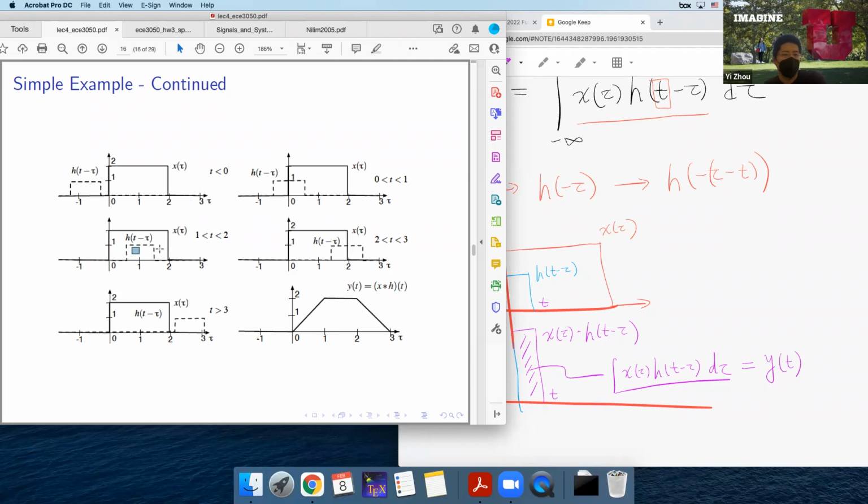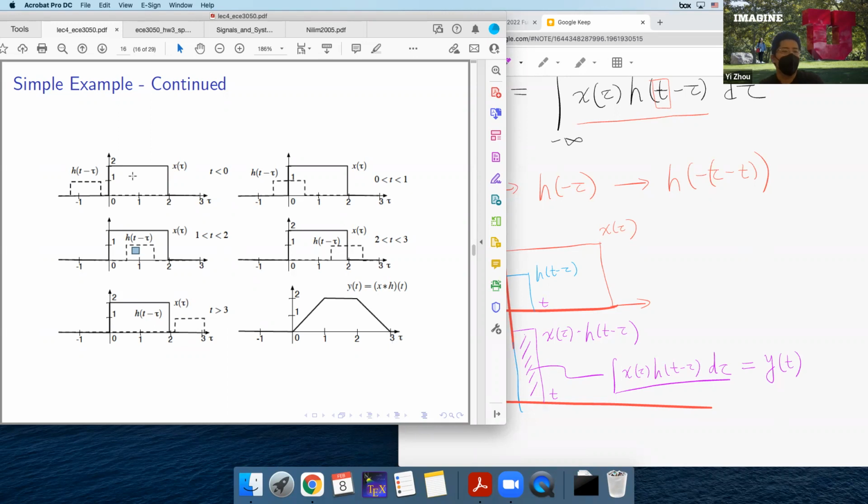And then we keep increasing t. At some point, the smaller rectangle will start to move out of the larger rectangle, and their overlapping area will start to decrease, also linearly. The convolution value will linearly reduce until these two rectangles completely detach from each other. At that moment, the convolution value will simply reduce to 0.